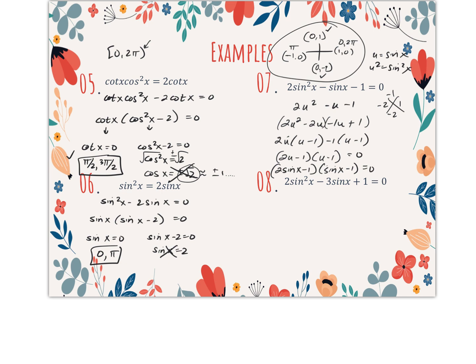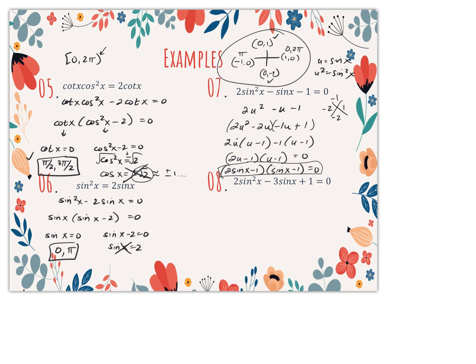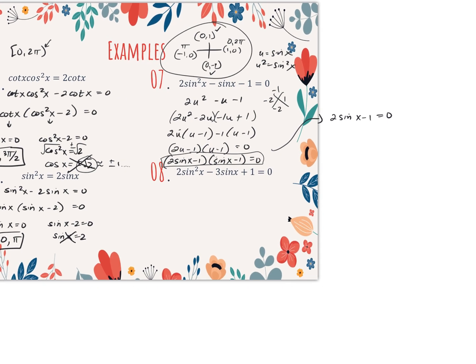And so now I'm ready to take these and start the process of solving. So let me just move over to here. So 2 sine of x minus 1 equals 0. And the other one is sine of x minus 1 equals 0. So 2 sine x, move the 1 over, sine of x equals 1 over 2.